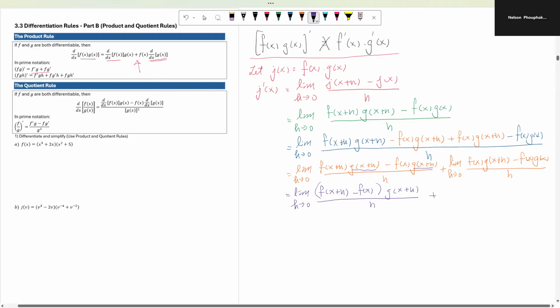Same thing with this limit right here. Now I would like to rewrite this a little bit.